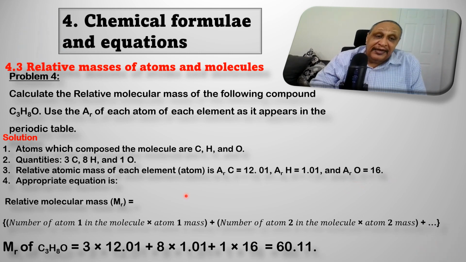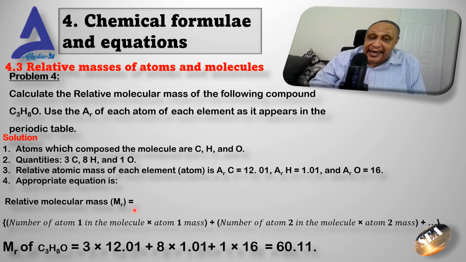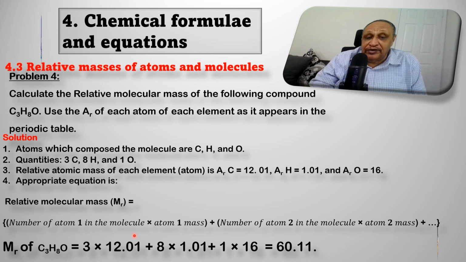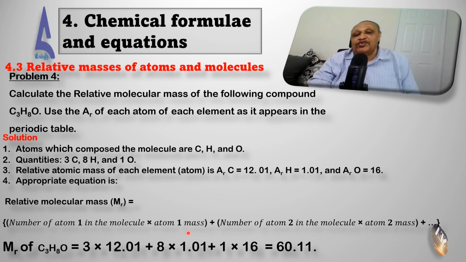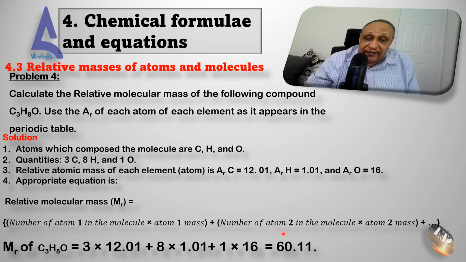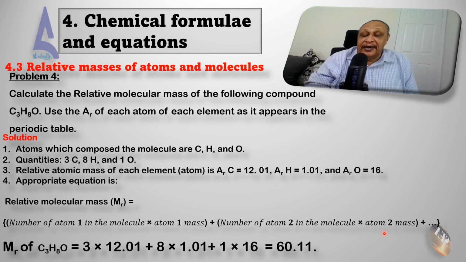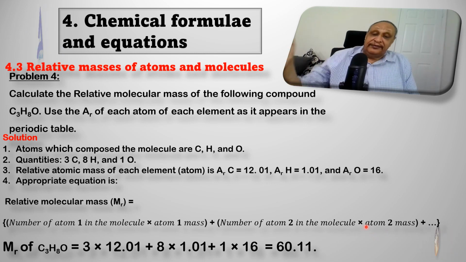Now we do the calculation by choosing the appropriate equation. The same equation: the number of atom 1 in the molecule multiplied by the atom 1 mass, plus the number of atom 2 in the molecule multiplied by its mass, and so on till the end.